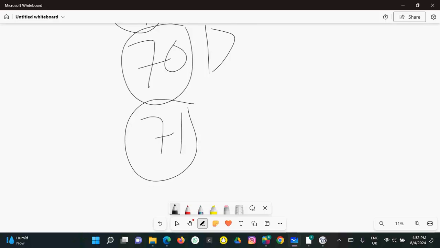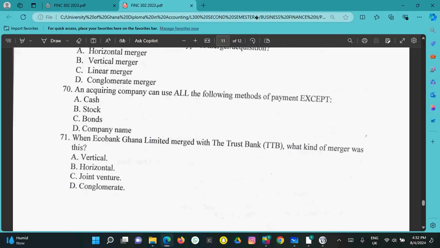71. When EcoBank Limited merges with the Trust Bank (TTB), what kind of merger was this? It was in the slide, right? This is called a horizontal merger.